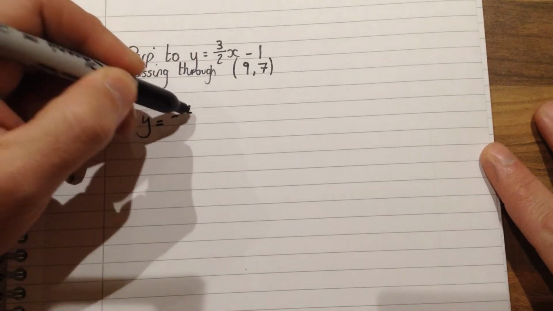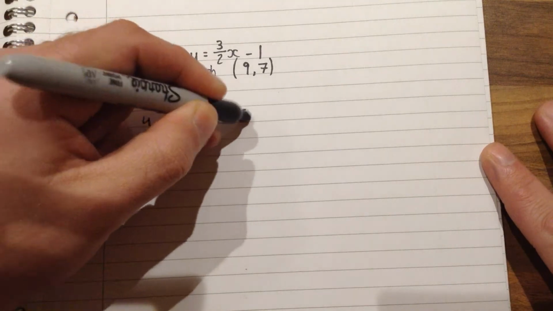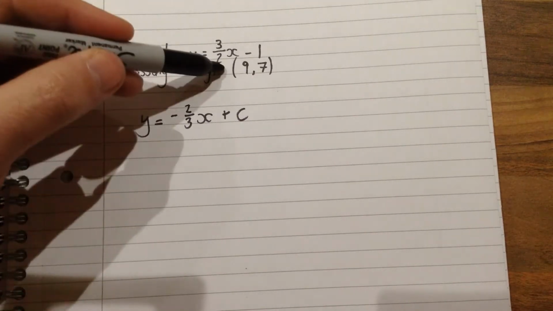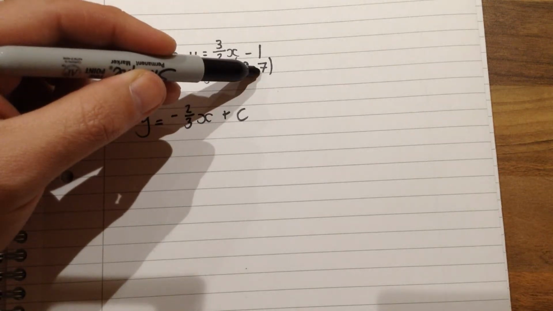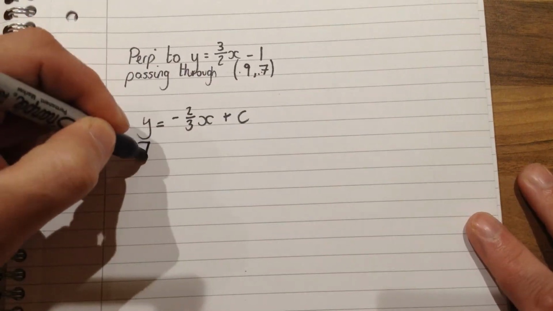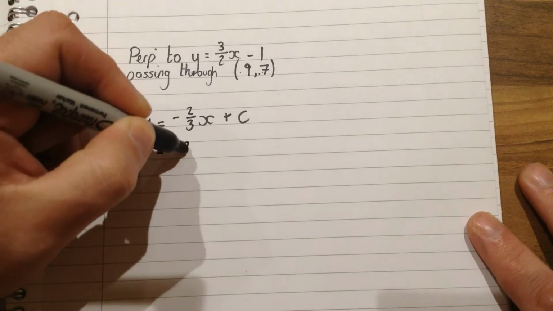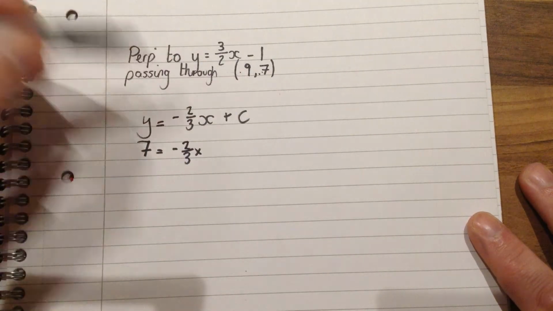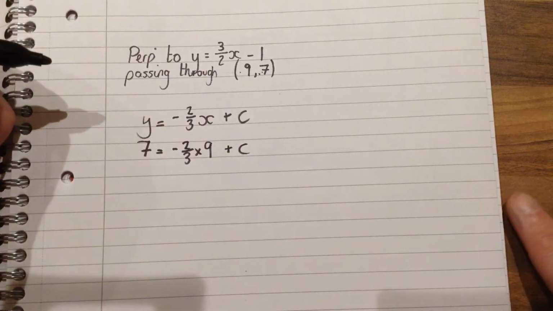So this becomes 2/3 x plus c, because we want it to go through a particular point. We've now got that x is 9, y is 7, so we substitute these two values in. So if y is 7, we change y to 7, is equal to minus 2/3 times x, it says here that x is 9, put 9 there, plus c.